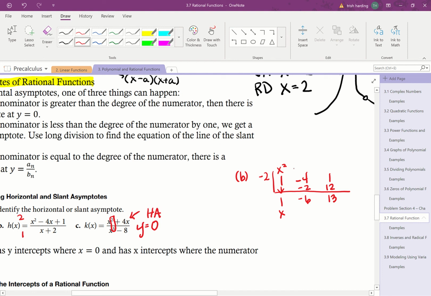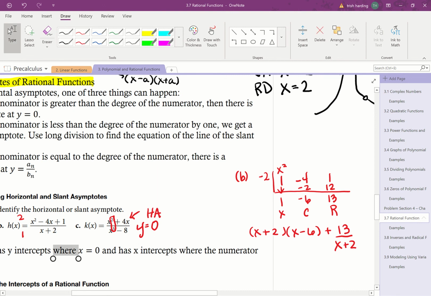So I have C and R. So I'm going to have x minus 6 times x plus 2 plus 13 over x plus 2.